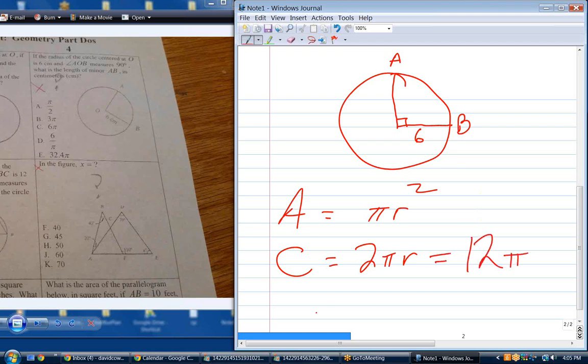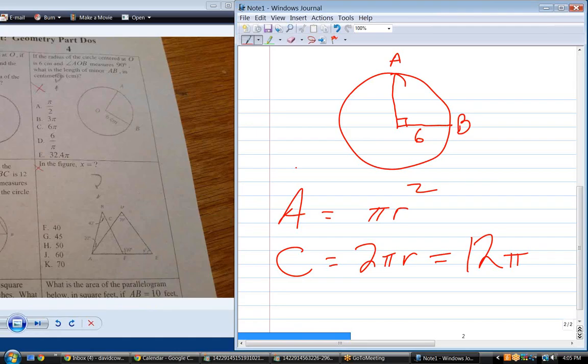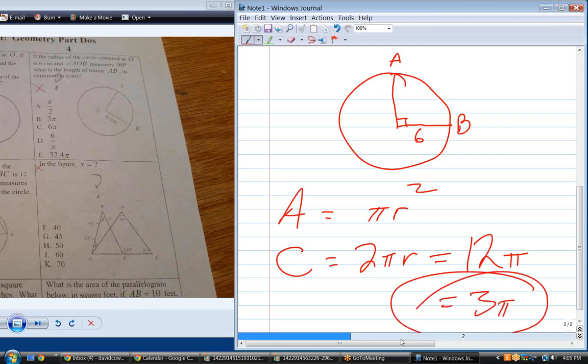What percentage of the circle are we talking about when we look at arc AB? 25%. What's 25% of 12 pi? 3 pi. There's your answer. Whatever this angle is, if that angle was 91 degrees, then it would be 91 divided by 360 times 12 pi.